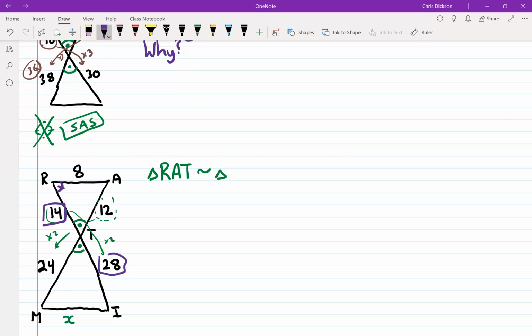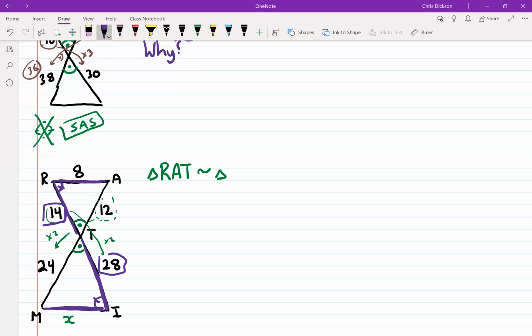So that's this side, so that must be this side. And then the side RA there would have to be similar to IM. So this angle here must be the angle that's the same. And then the other angles would also be similar.